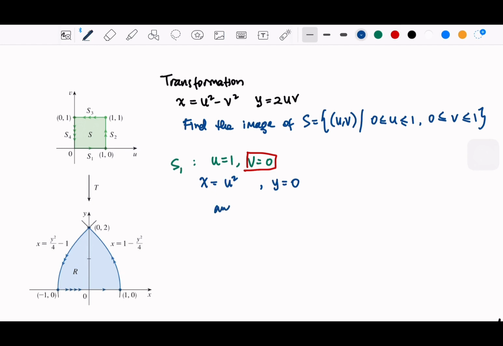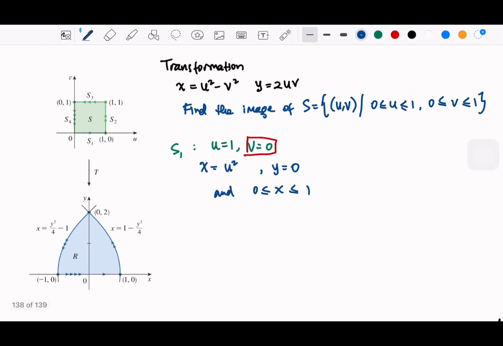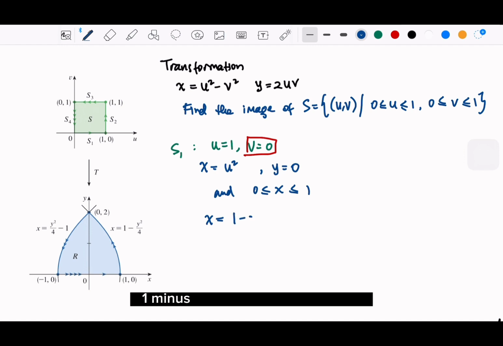And then X, or we take here that X is one minus V squared.